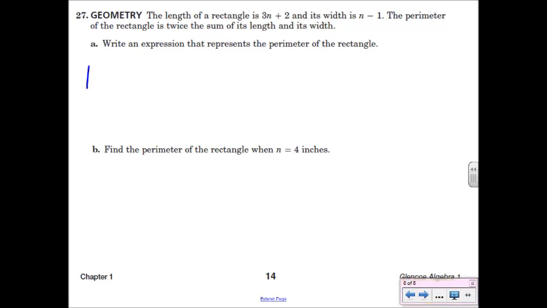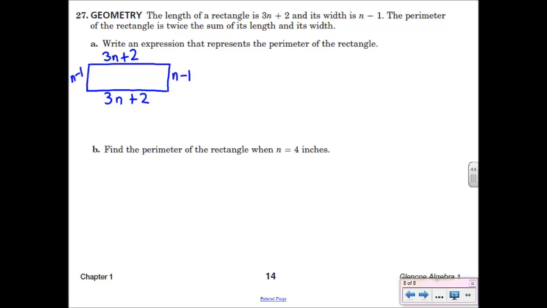So it says the length of a rectangle is 3n plus 2. Its width is n minus 1. So if I fill in the other sides, this side up here would also be 3n plus 2, because in rectangles the opposite sides are equal, and this side over here would also be n minus 1.